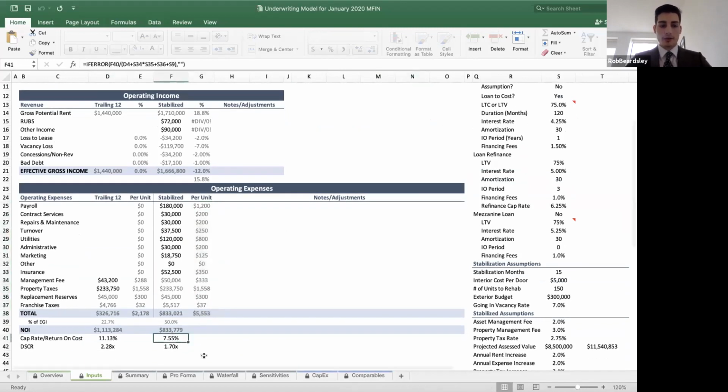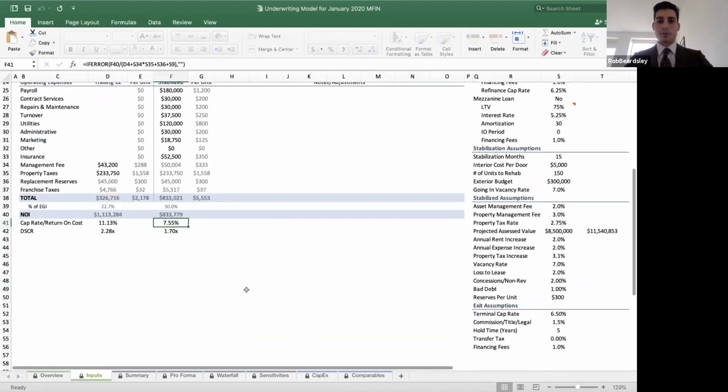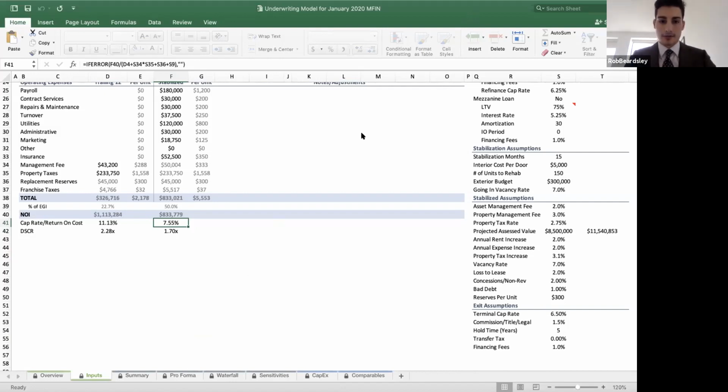And in the end, your stabilized return on cost is a 7.5%, which is pretty strong because we're going to assume that this deal is in a market that cap rates today are trading at 6%. So you've actually, through your business plan, have created real value because you're able to create cash flows at a 7.5% yield on cost in a market that is valuing cash flows at 6%. So you've created some value for yourself.